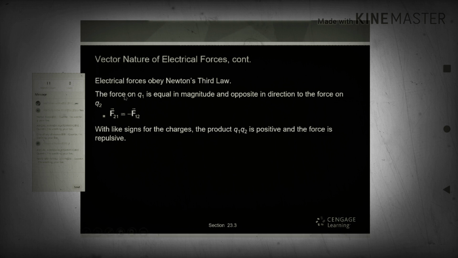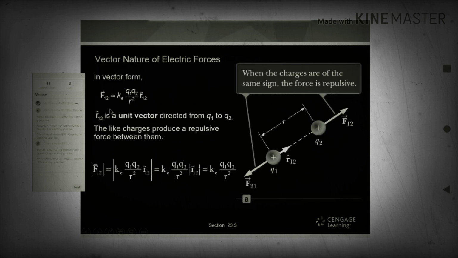So the force on Q1 is equal in magnitude and opposite in direction to the force on Q2. This is two objects. So the force from Q1 on Q2 will be the same magnitude as the force on Q1 from Q2, but the direction will be different.